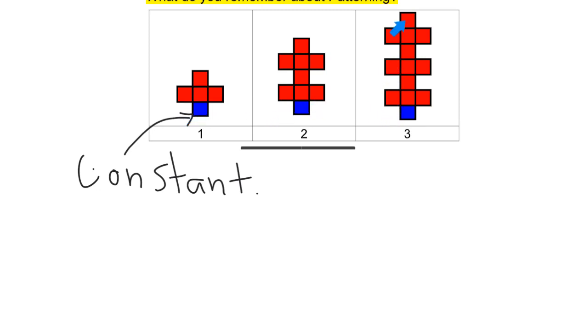It's only the red tiles that are changing. As you can see, they're getting bigger, they're growing each time. So this is a growing pattern. Blue is our constant, and red is our coefficient.